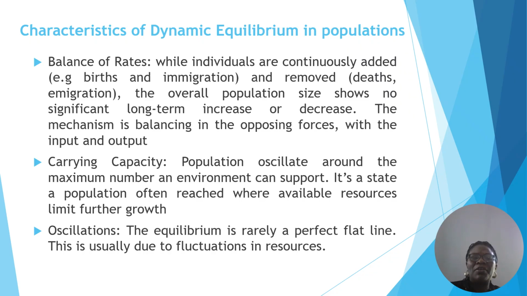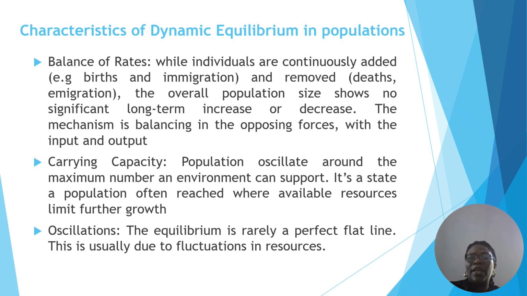Then we have another thing that is being referred to as oscillation. That's another characteristic of a population that has reached a dynamic equilibrium. The equilibrium is not really perfect. That is, you don't really get a situation where it is 100%, where the input is completely equal to the output.